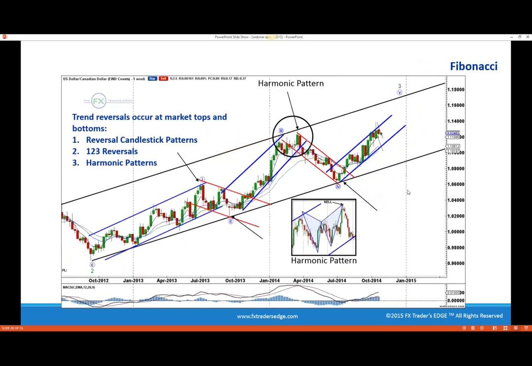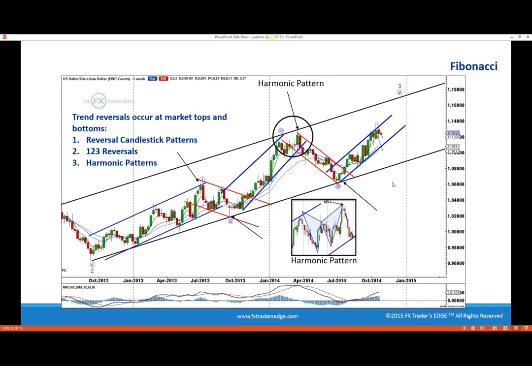So the other thing that we use in our trading, and that you might try the same, we look at harmonic patterns at the end of the trend. Now, Elliott wave analysis provides us a way to forecast the wave 3s, for example, the market moves. It gives us a way to project the wave 3 vis-a-vis the wave 1.